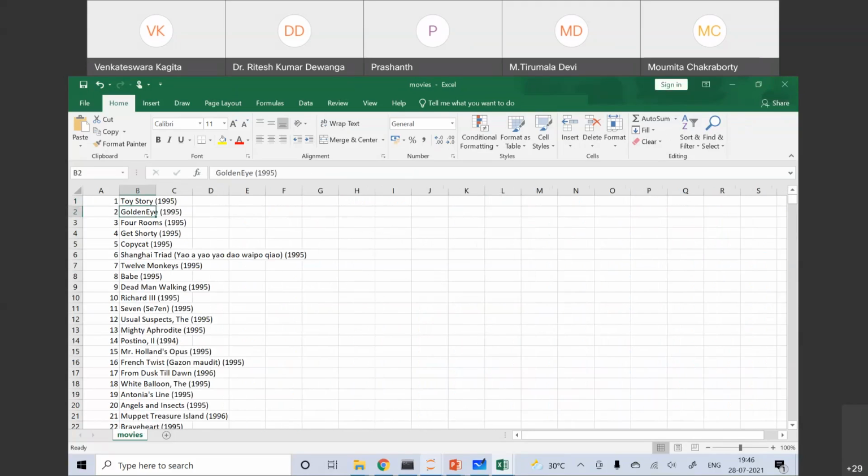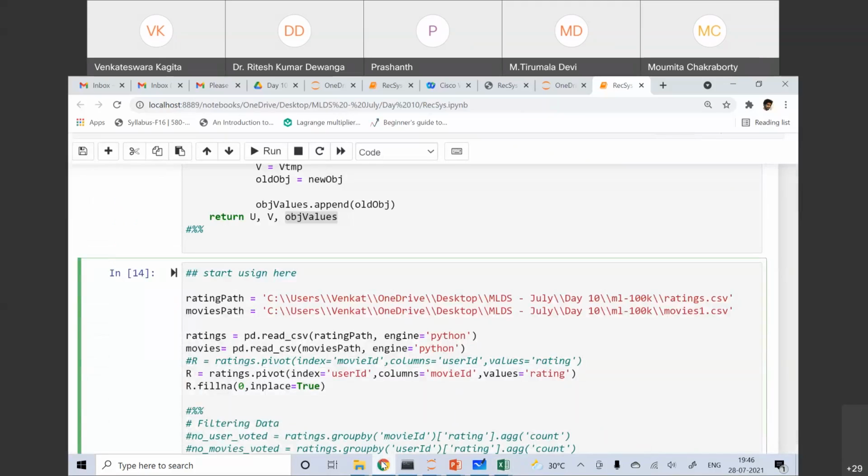So we have both the rating path and movie path, and I'm reading them. Read CSV rating path gives the rating information. Read CSV movie path gives the movies information. Then ratings.pivot with index user ID, columns movie ID, values rating.